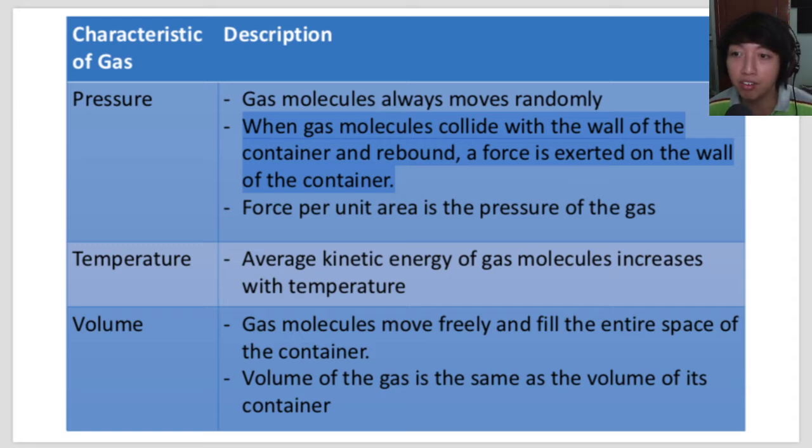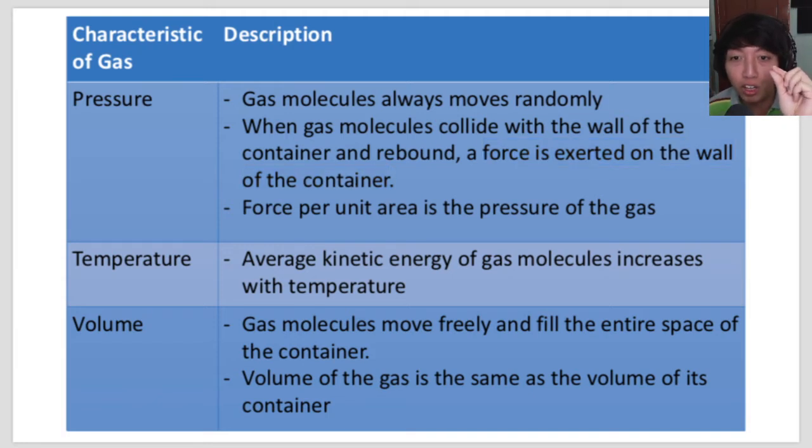Because they're moving around at random, they usually end up hitting the walls of the container, whatever container you have for the gas, be it a balloon or a gas tank or any other kind of container. And so when these molecules hit the wall of the container, that hitting causes a force to be exerted on the wall of the container.